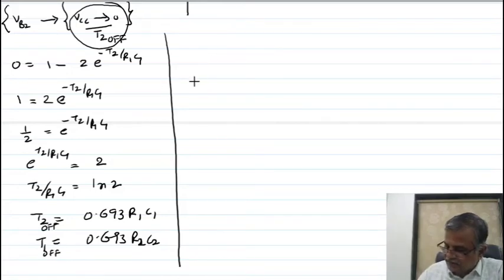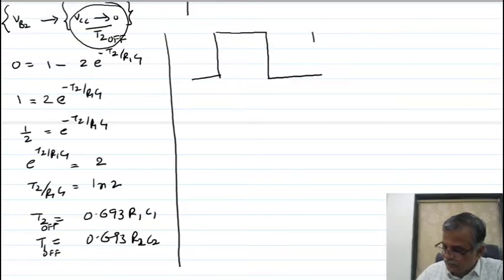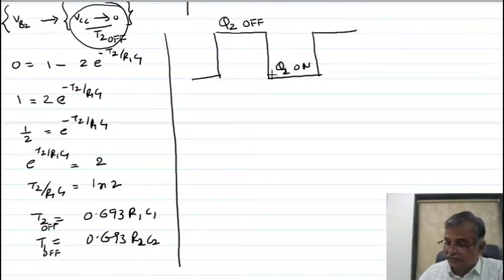Similarly, this is off, you can see. This is for Q2 off, Q1 is on. It means here Q1 is on, here Q1 is off.